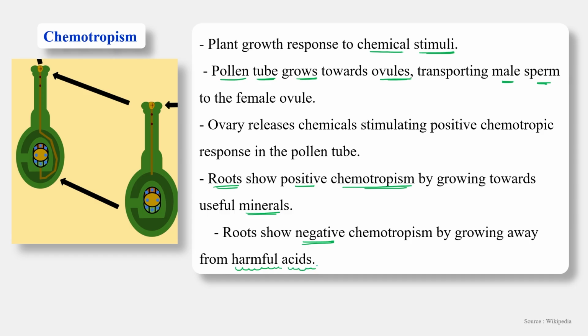If there are some harmful acids in a particular region in the soil, then roots show negative chemotropism, growing away from that particular area. So gravitropism is towards gravity, but for chemical response, roots show positive chemotropism for minerals and negative chemotropism for harmful acid. They just move away from that particular side.